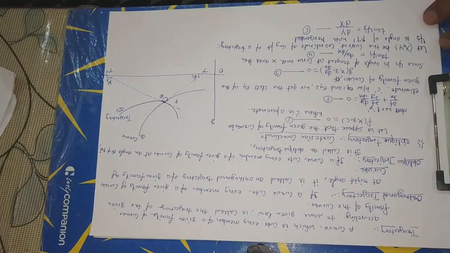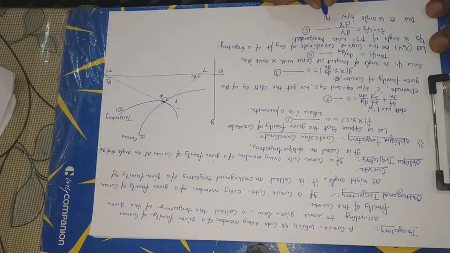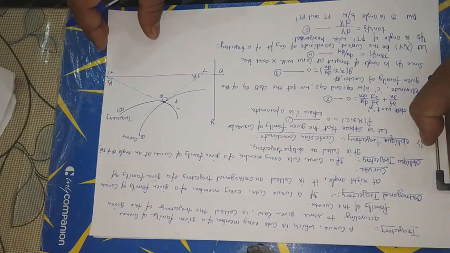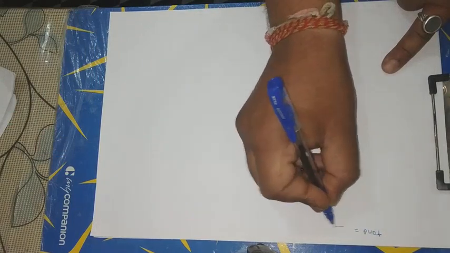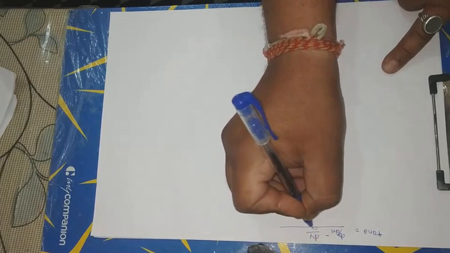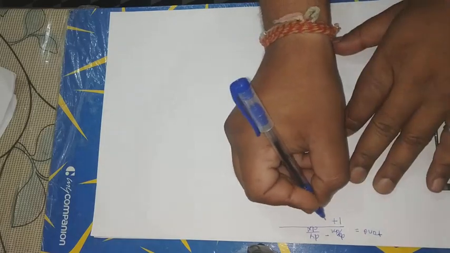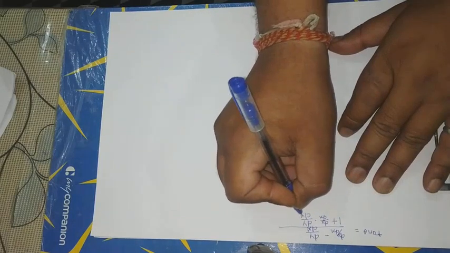But theta is the angle between PT and PT dash, then we can write tan theta equals small dy upon dx minus capital dy upon dx, upon 1 plus small dy upon dx into capital dy upon dx.